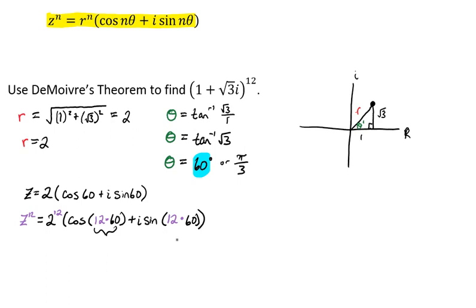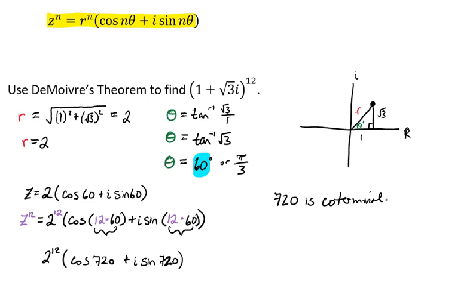The first thing I'm going to do is multiply 12 times 60. That gives me 2 to the 12th times the cosine of 720 plus i times the sine of 720. I can plug cosine of 720 and sine of 720 into my calculator, or I can look at my unit circle and notice that 720 is coterminal with 360 degrees.